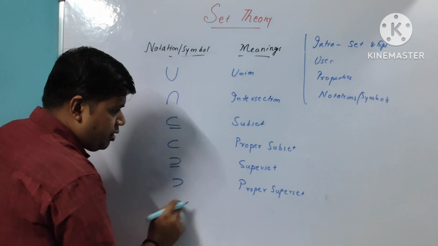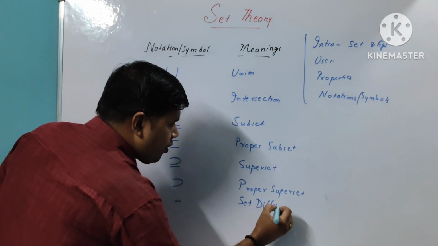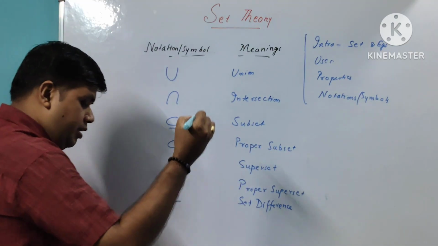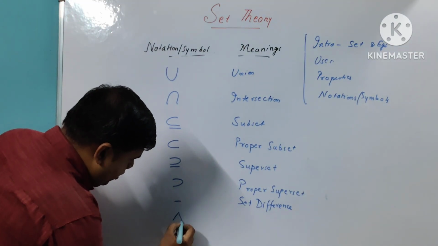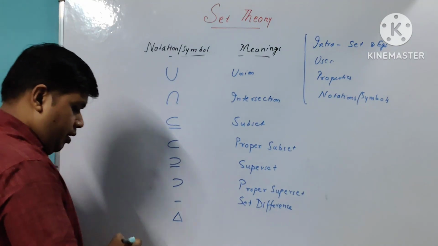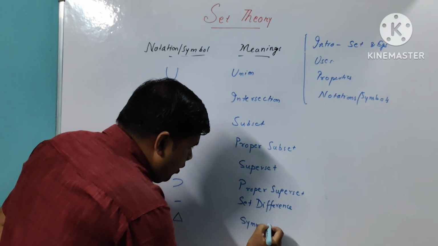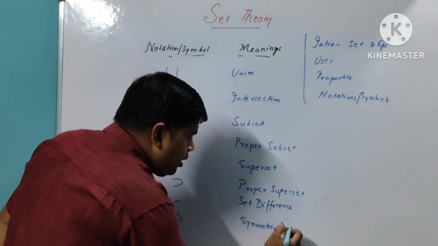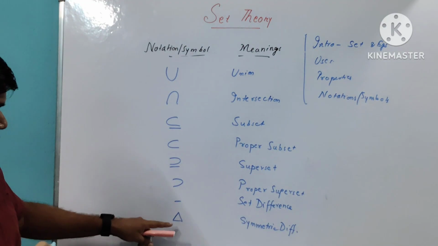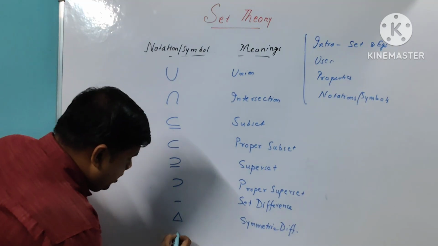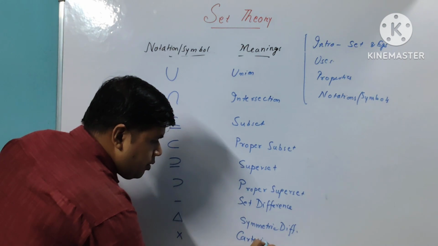The minus, the subtraction symbol, is called the set difference, and this other one is the symmetric difference. The cross symbol is the Cartesian product.